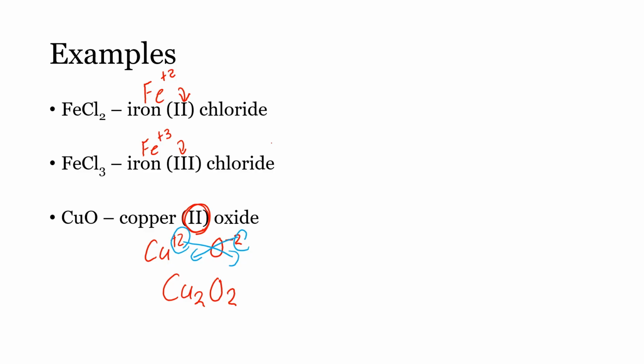But if we remember about our ionic compounds, if we're able to reduce the subscripts, we need to. So in this case, we have 2 and 2, which can be reduced down to 1 and 1. And so we end up with CuO as the final formula.